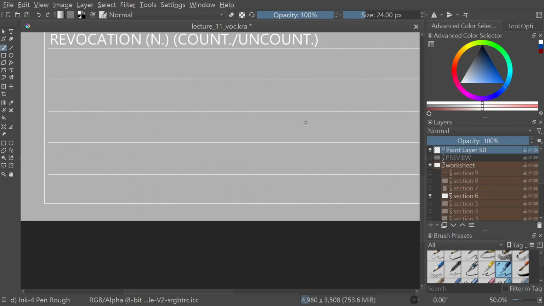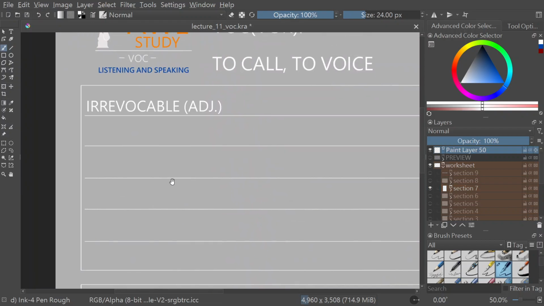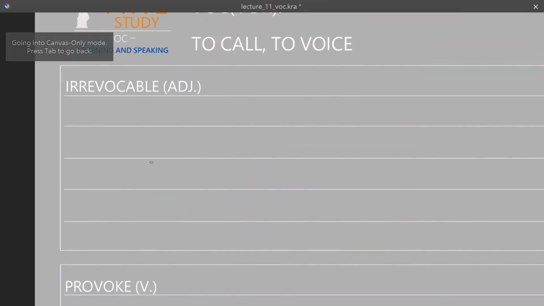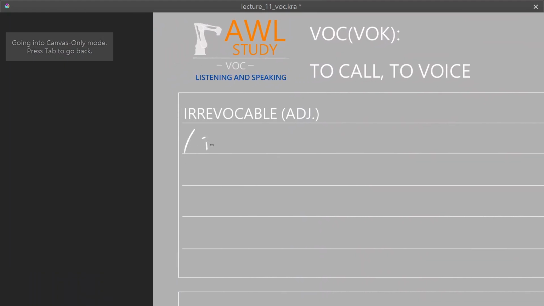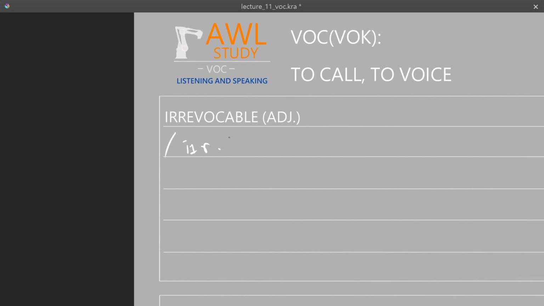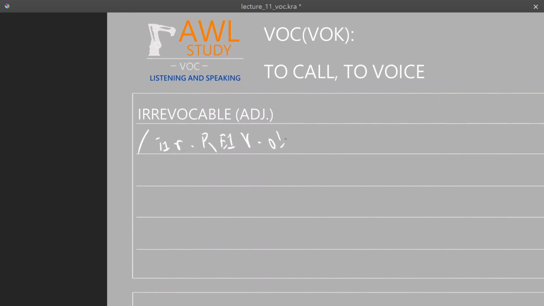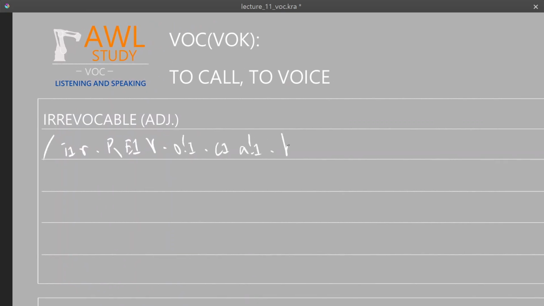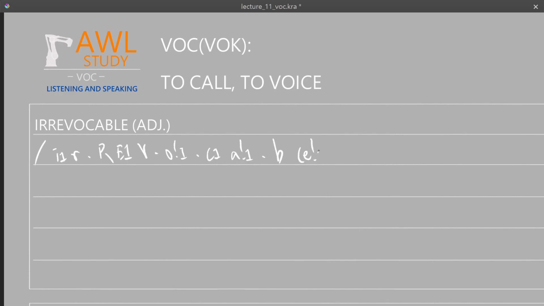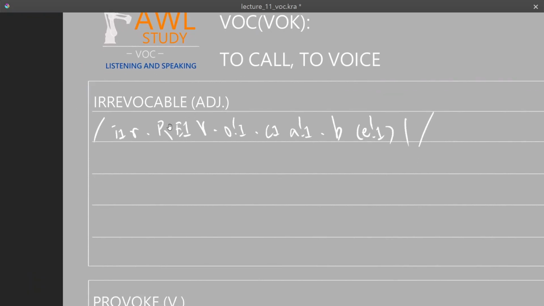Next we have irrevocable. Irrevocable. The dark L in this case, so irrevocable.